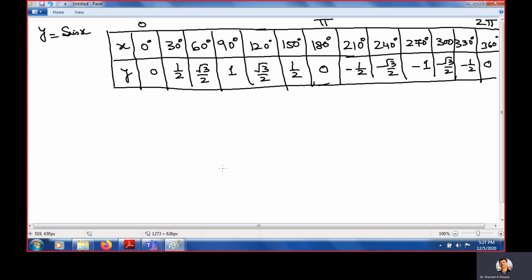These are the values that you need to learn. Now we are going to draw the graph, and please look at it seriously.